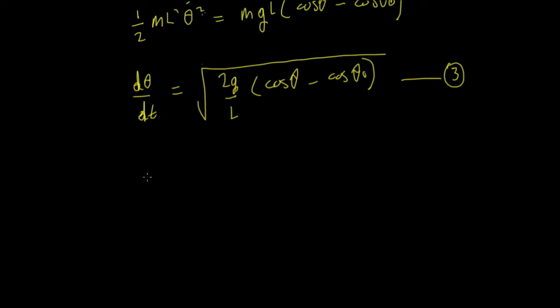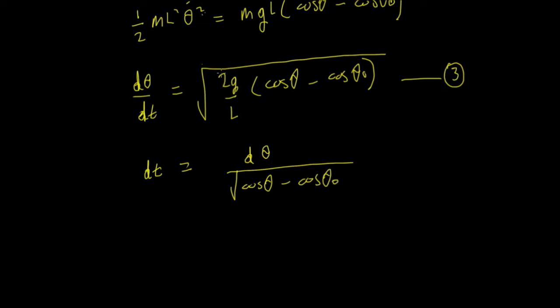So if we rewrite that equation in terms of dt, dt would equal d theta upon root of cos theta minus cos theta naught.